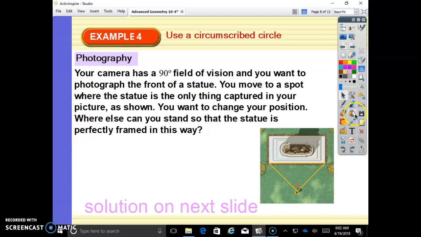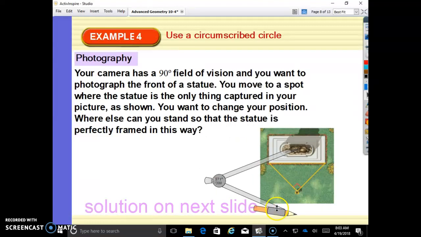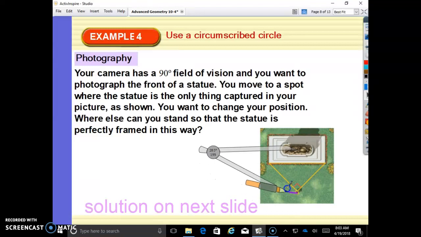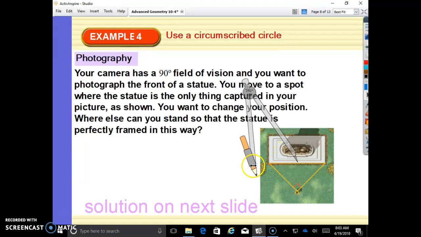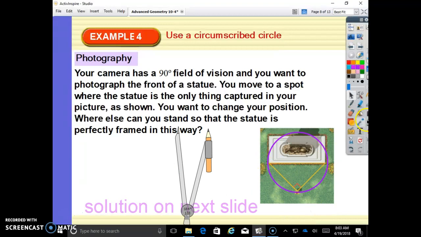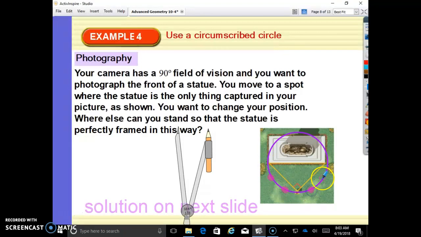Anybody know? This is kind of like, if this is your center, so it's kind of like this, where if you had a circle from here, any point on this line, on here, that's going to make a right triangle with this.